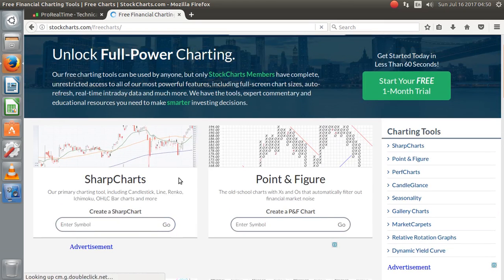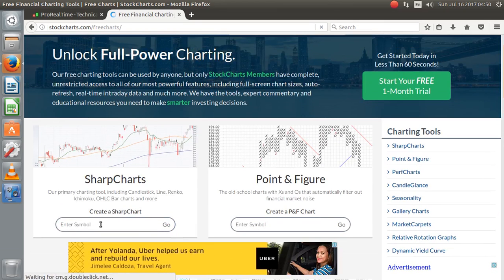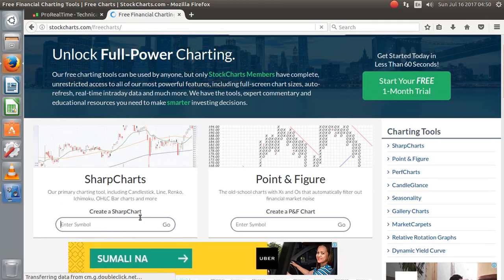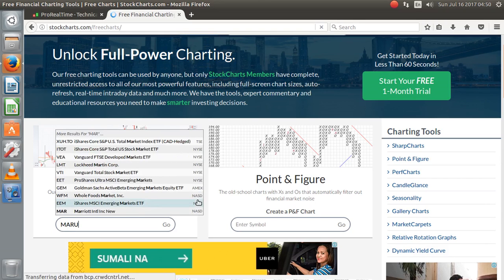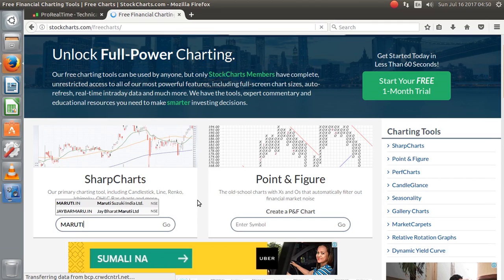Let's say in sharp charts, you want to look at Maruti Suzuki for India. Okay, so let's just type that one in. Okay, you can see Maruti here, Maruti Suzuki, India, and it will create sharp charts for us.